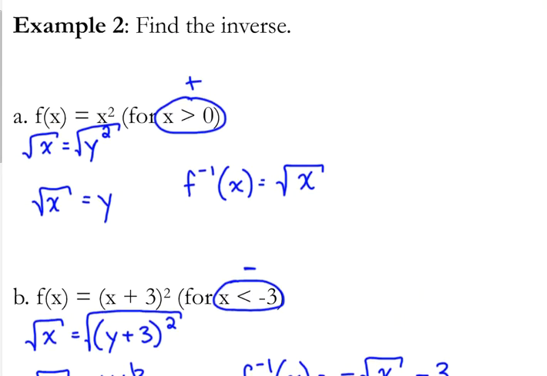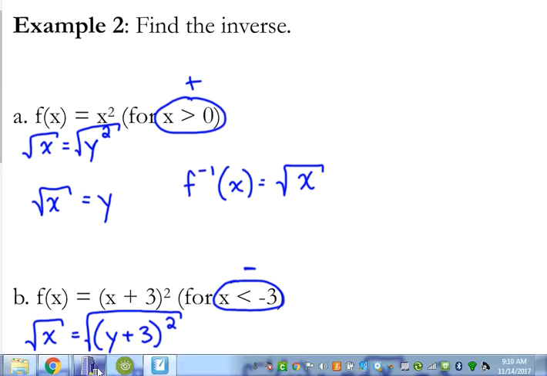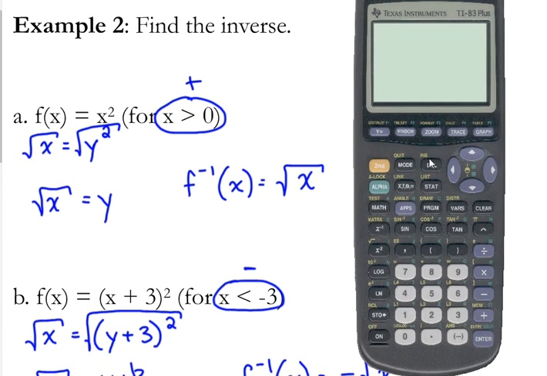We've got just a couple minutes left. Let me show you the graphs of these really quick. I've already got the first one in here. So there's the inverse, there's the original. Do you see how they have a similar shape?